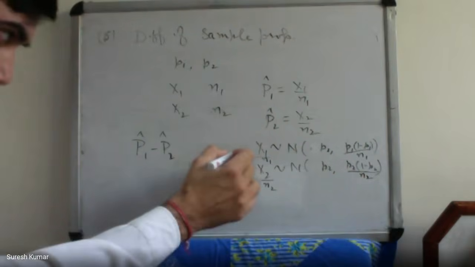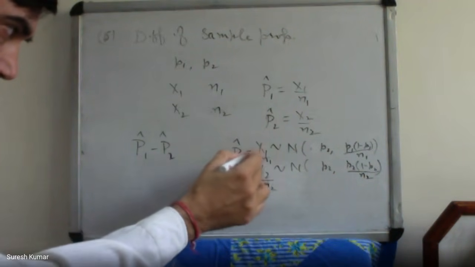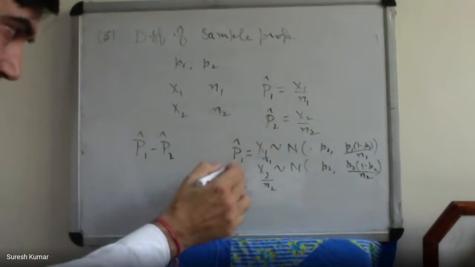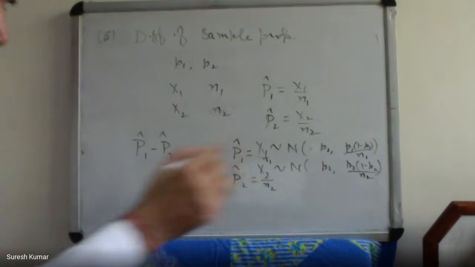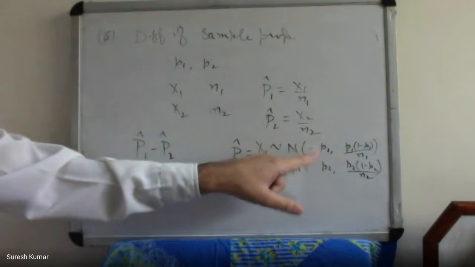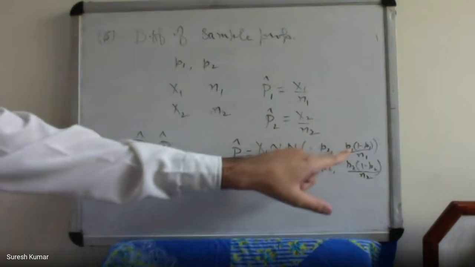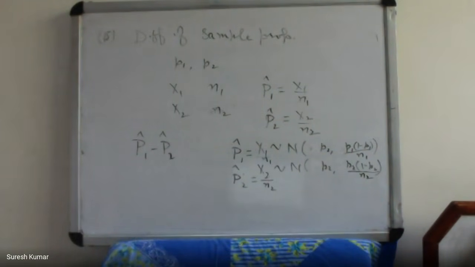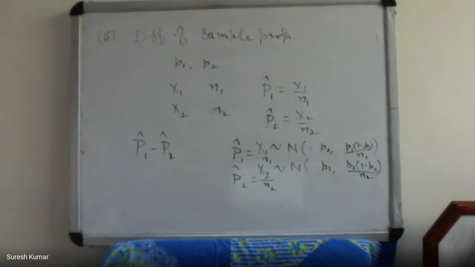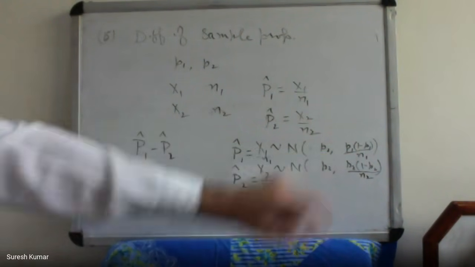So you know the distributions of P1 cap and P2 cap. Both are normal. What does it mean? The difference is also a normal random variable with mean P1 minus P2 and variance... can you tell the variance from this?